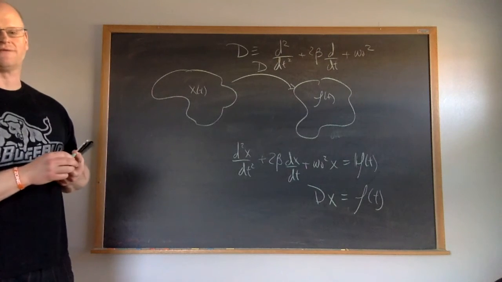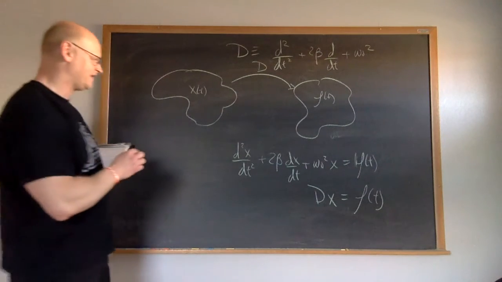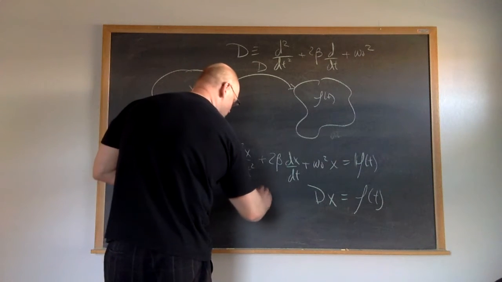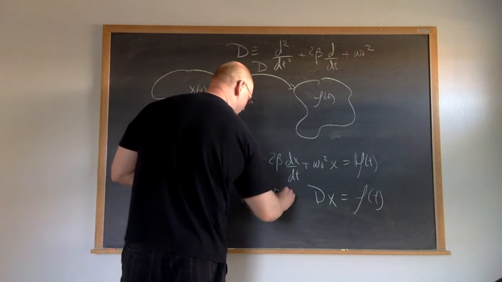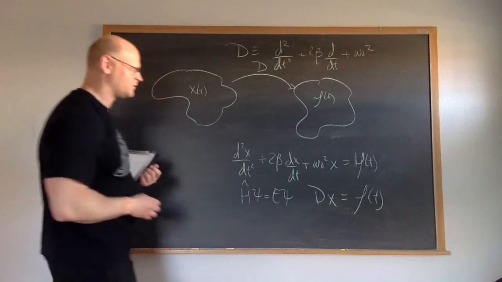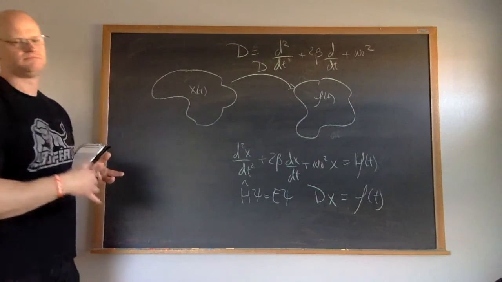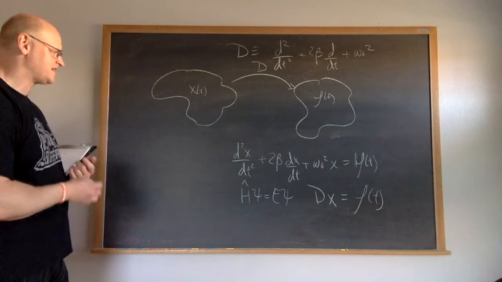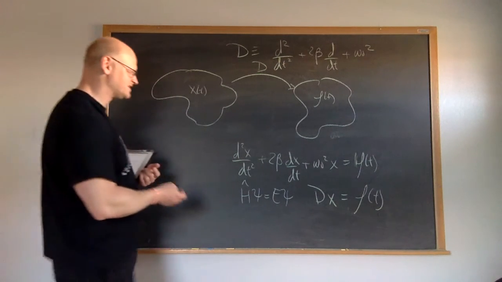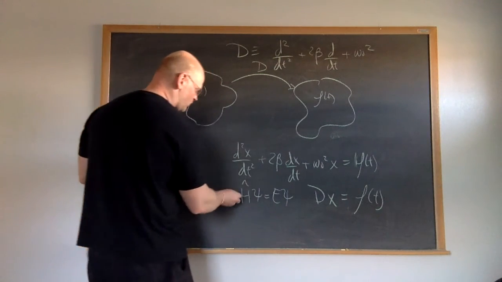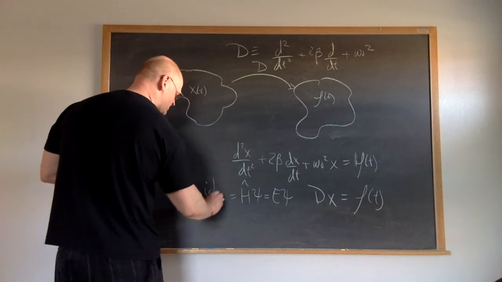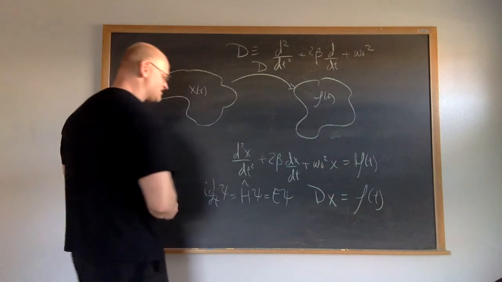One example is quantum mechanics. In quantum mechanics, what we simply write is that the Hamiltonian acting onto the wave function is equal to the energy times the wave function, in this case what we call the stationary phase or the steady state situation, or more generally, this becomes equal to i times the partial derivative with respect to t acting onto the wave function.